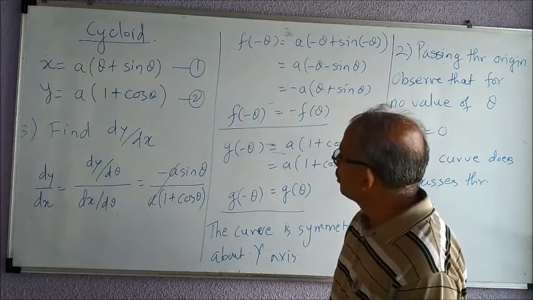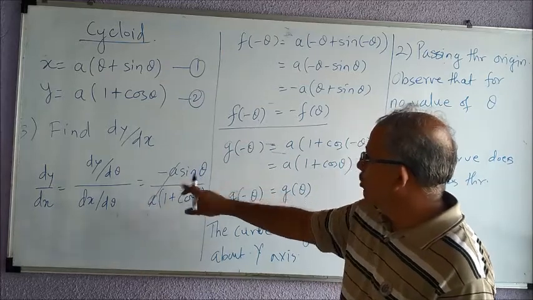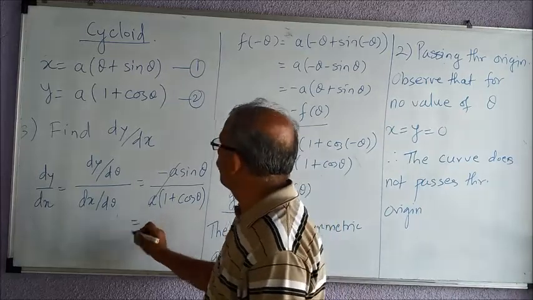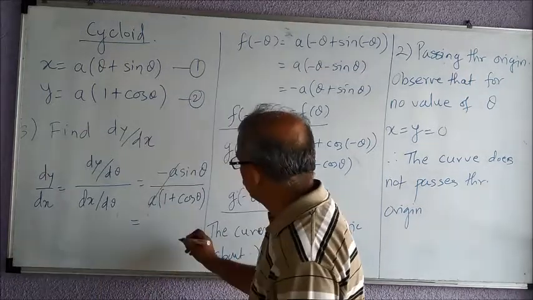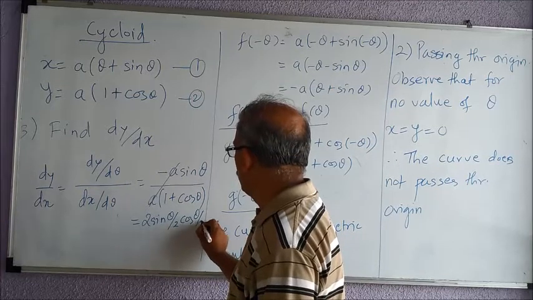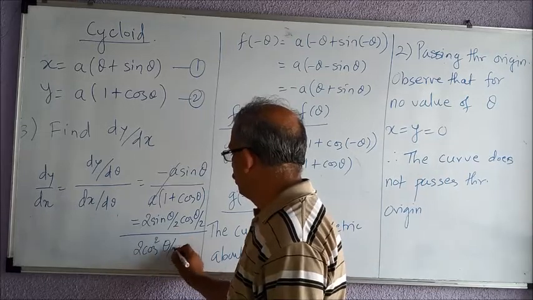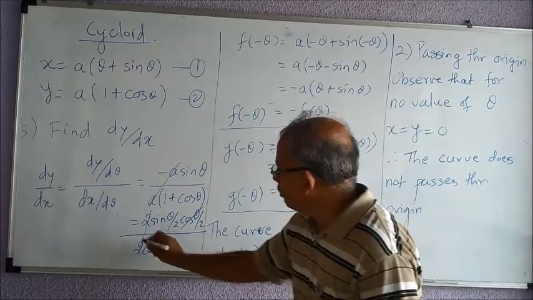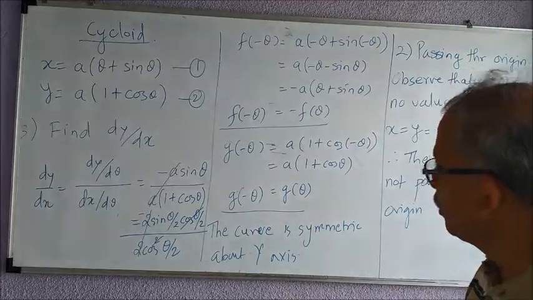And if you replace sin theta with 2 sin theta by 2 cos theta by 2, divided by 1 plus cos theta, which is 2 cos square theta by 2, then the 2 gets cancelled, one of the cos gets cancelled, and we will get, of course with this minus sign, minus tan theta by 2 as our dy by dx.